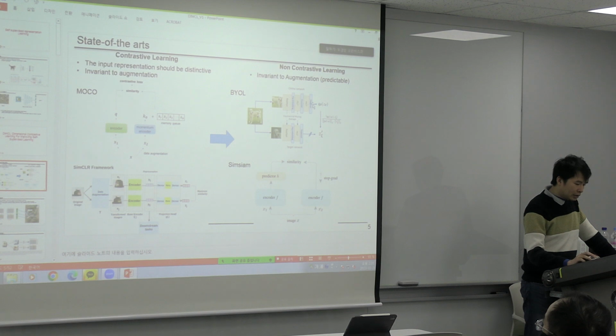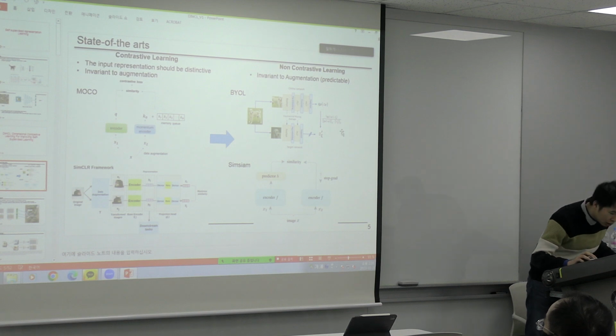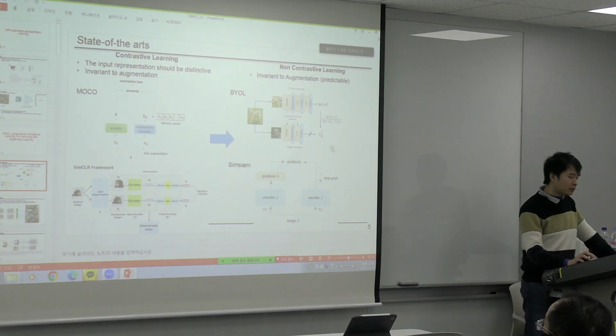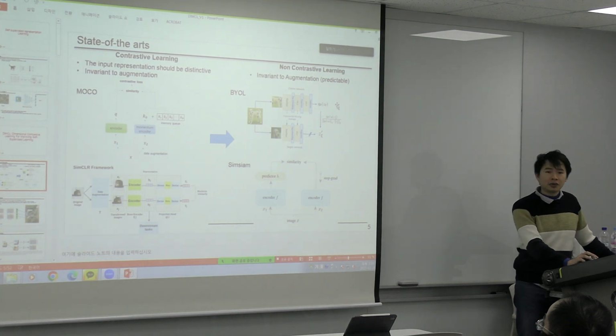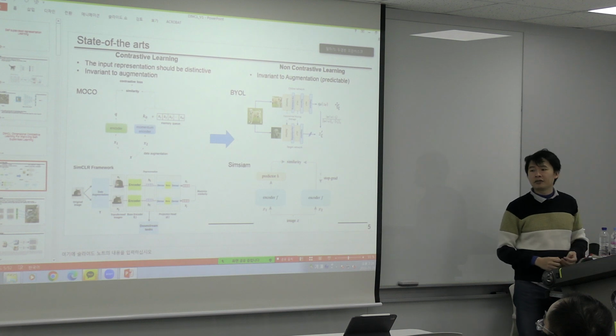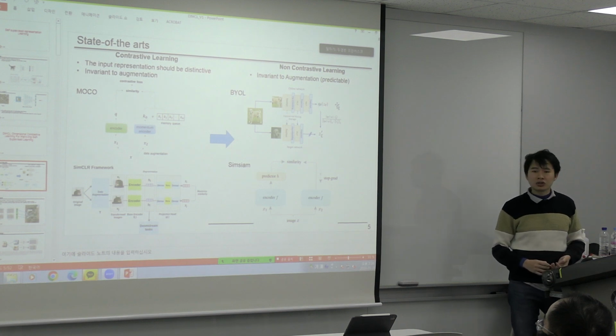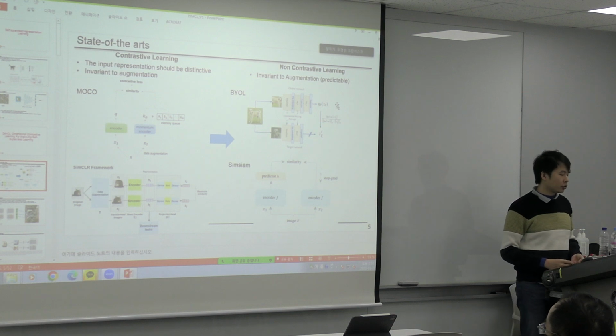And it turned out that if we apply this framework, we can get state-of-the-art performance while we don't face the problem of collapse, which usually happens in contrastive learning.